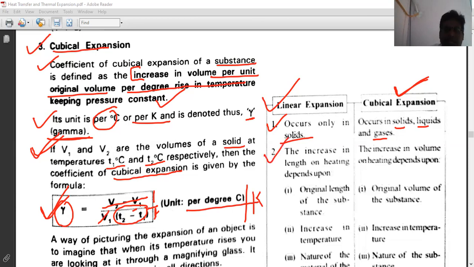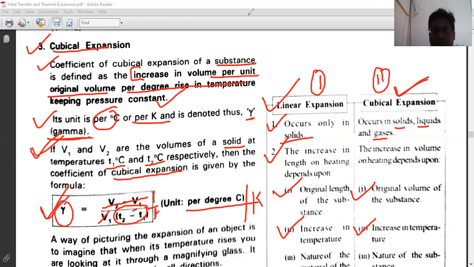Now the next point is that in linear expansion, the increase in length on heating depends on the original length of the substance and the increase in the temperature, right? Now look at the point for cubical expansion. It depends on the original volume of the substance and the increase in temperature also. So this is the main difference between linear expansion and cubical expansion.